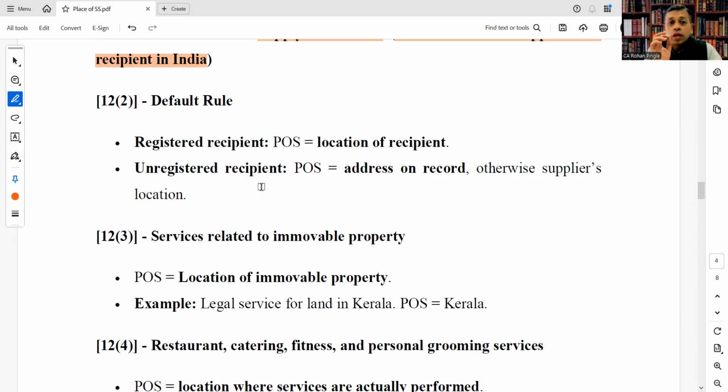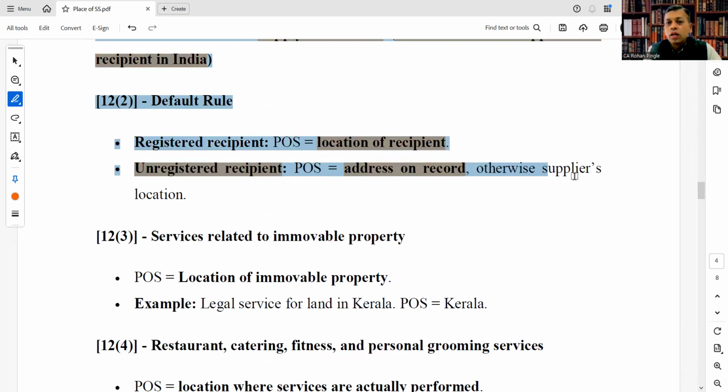If there is a registered recipient, the place of supply will be the location of the recipient. In case of an unregistered recipient, the place of supply will be the address on record, otherwise the supplier's location.